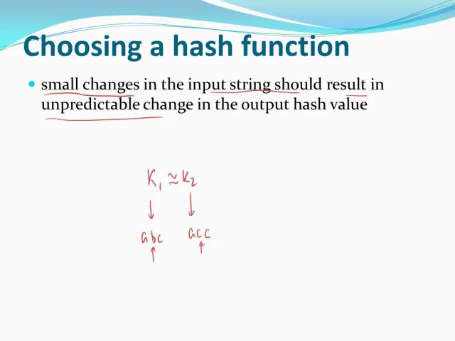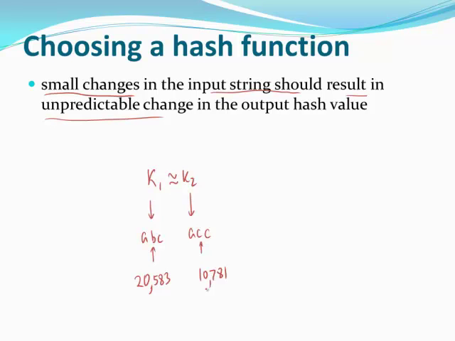Ideally, we would like these two to produce numbers that are really very unpredictable. So let's say this creates a value like 2,583, and this would create 10,781. That would be the ideal case of having this sort of a hash function.